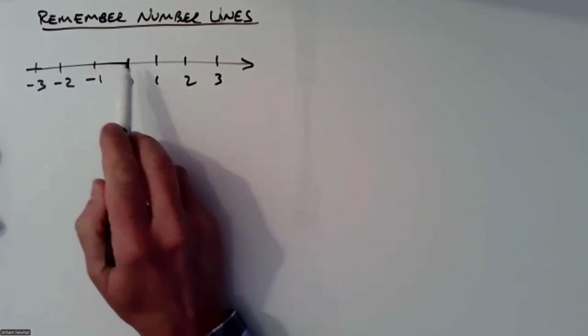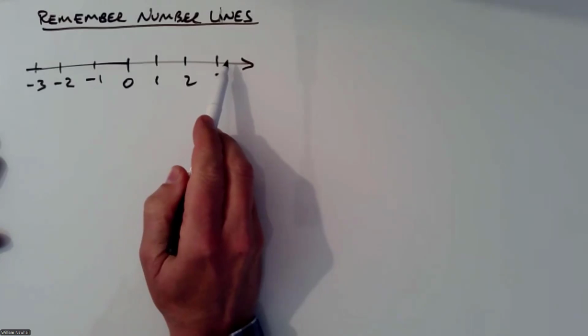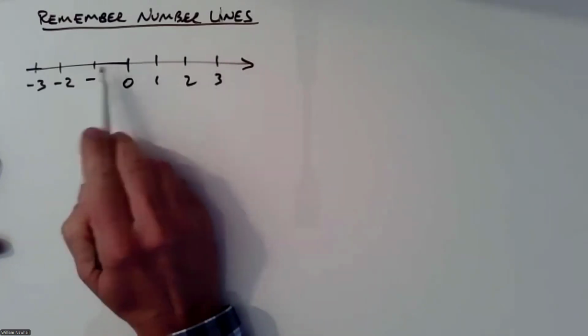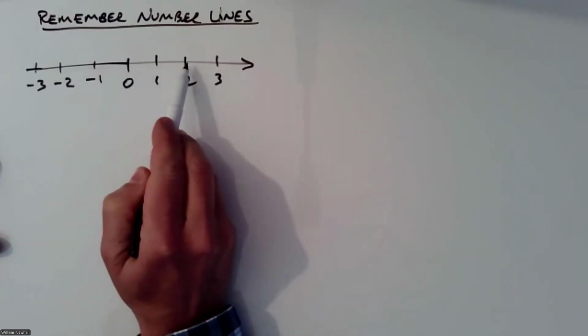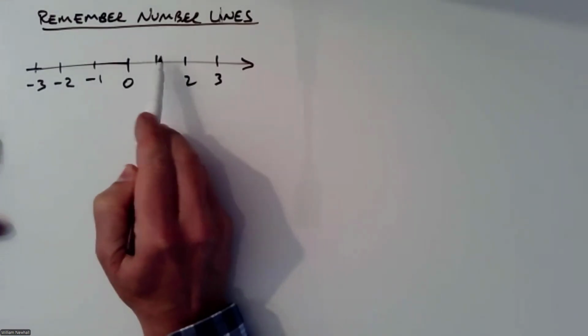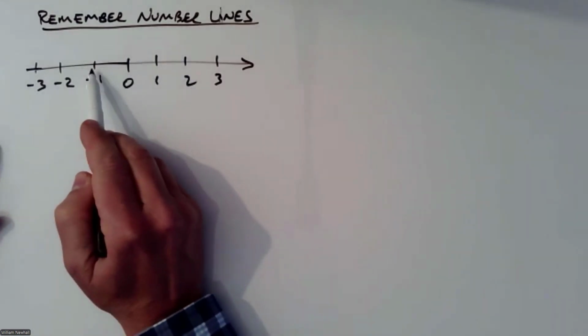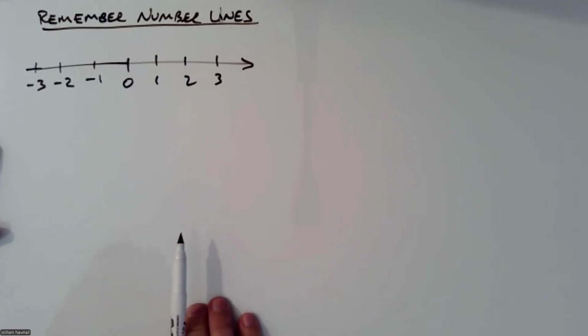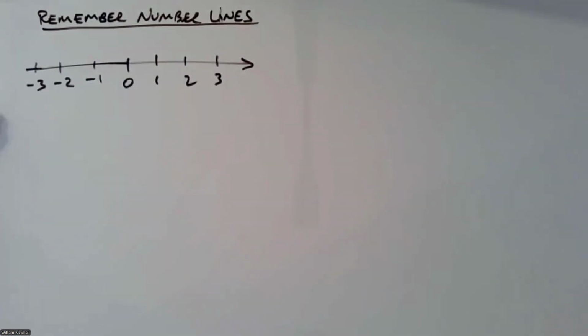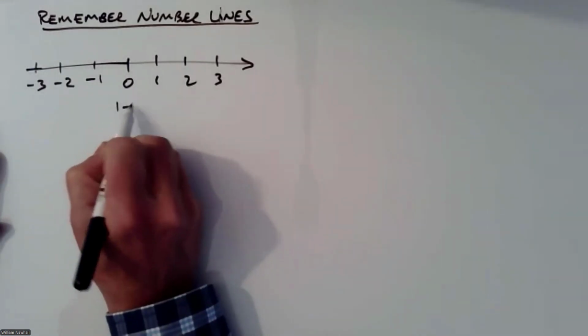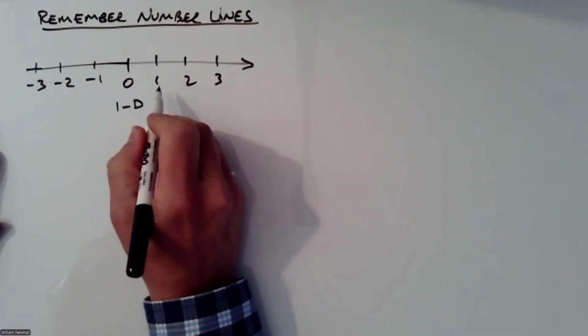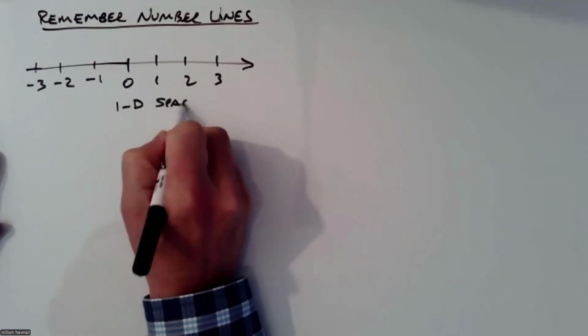And this let us visualize graphically or in space what it meant to have a negative number. That if you took 3 away from 2, you went to the negative side of 0 and you had -1, and that let us make sense of what it meant to be a negative number. But this was one-dimensional space.